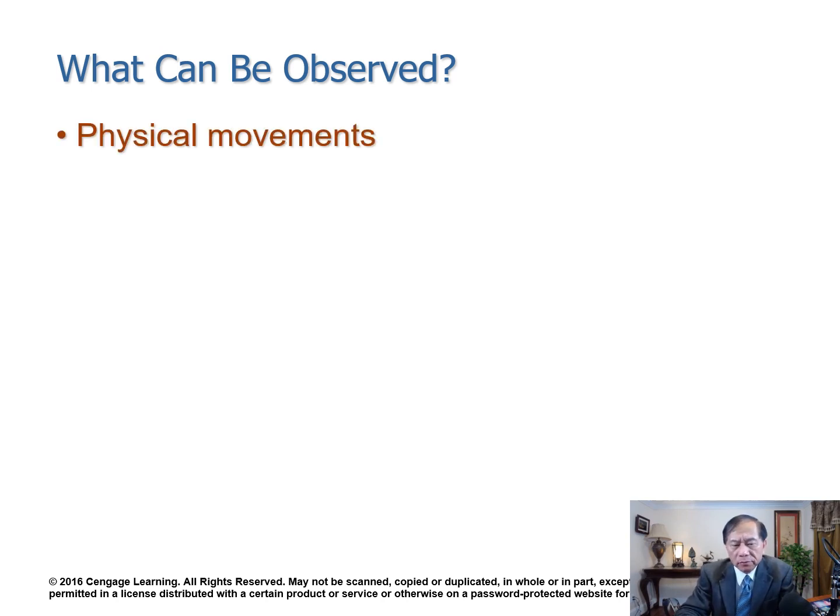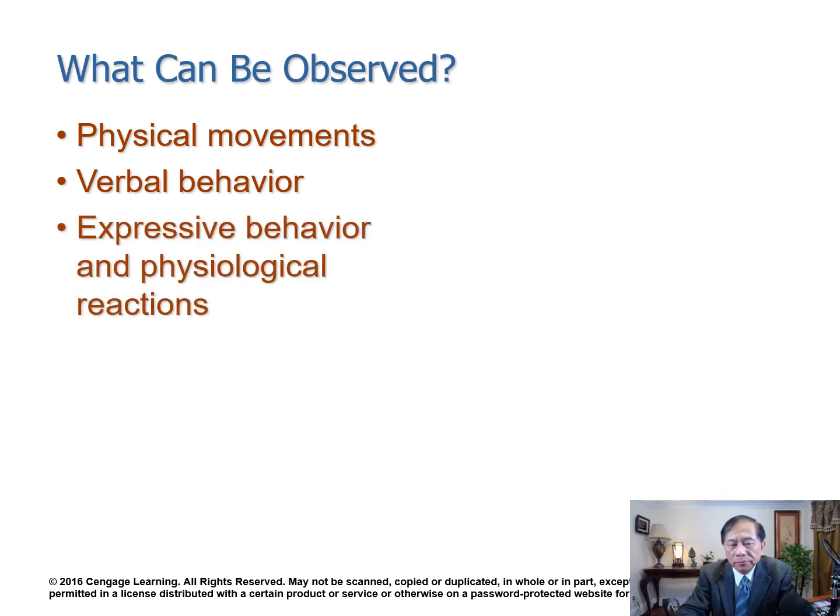So what can be observed? We can observe physical movements, like trucks moving around, goods and inventories being moved around. We can observe verbal behavior, people speaking with each other. Expressive behavior and physiological reactions: their facial expressions, and also changes in skin conductivity, whether the eye pupil enlarges or not.